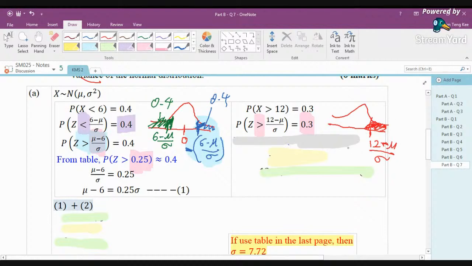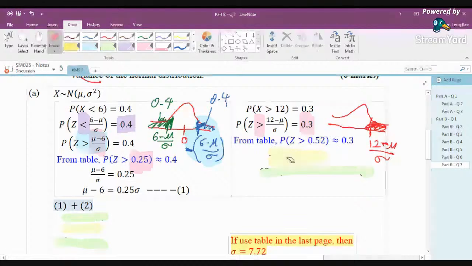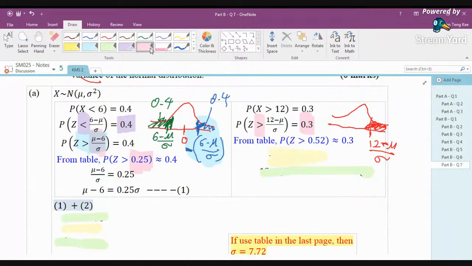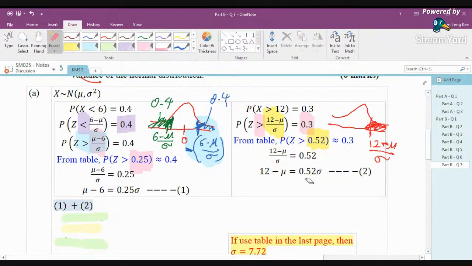And these regions here, we can get the answer from statistical table. So from table, for Z greater than 0.52, the probability is almost same as 0.3. Again, I don't get the exact value, but I get the approximate value with Z at 0.52. Compare these two I highlighted in yellow. I'm able to form the second equation.